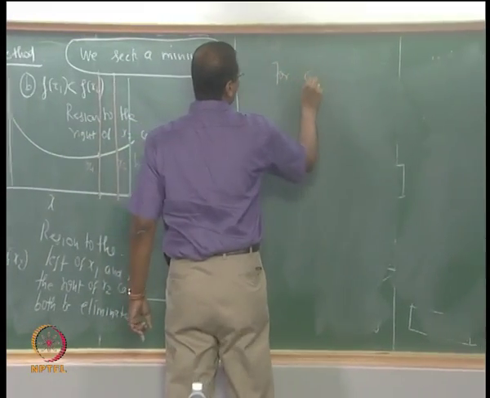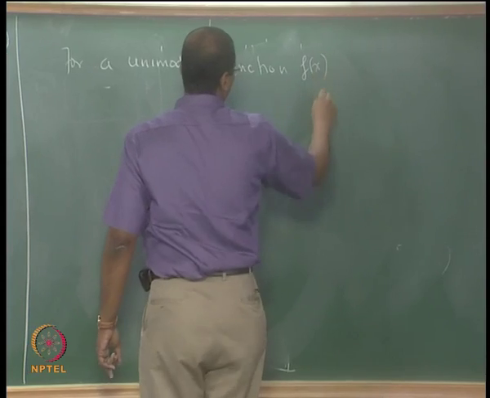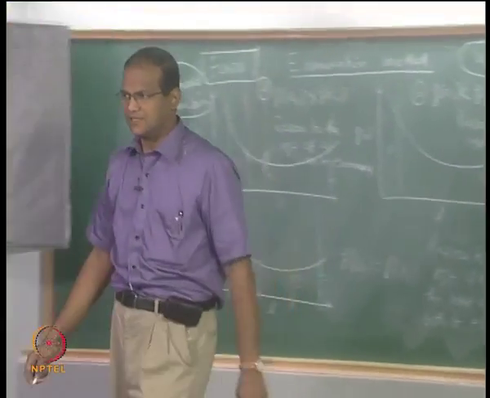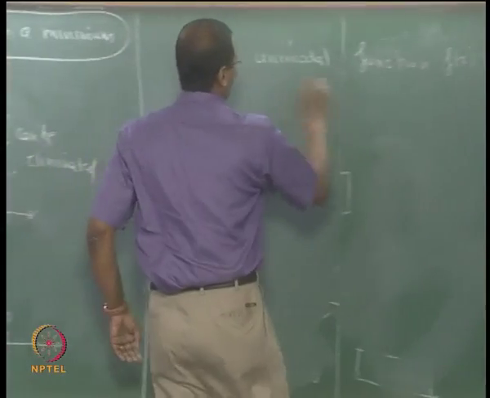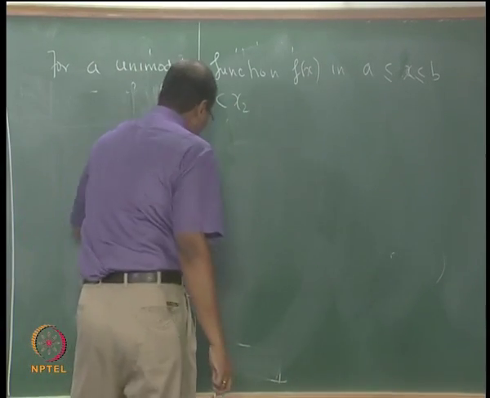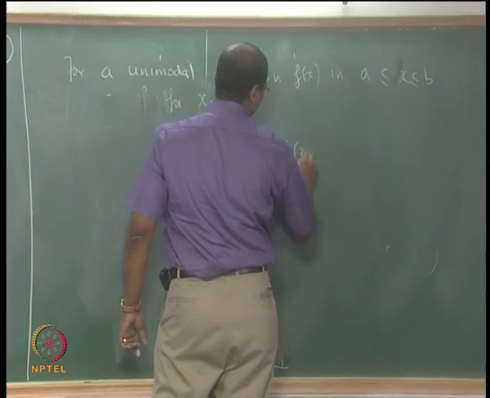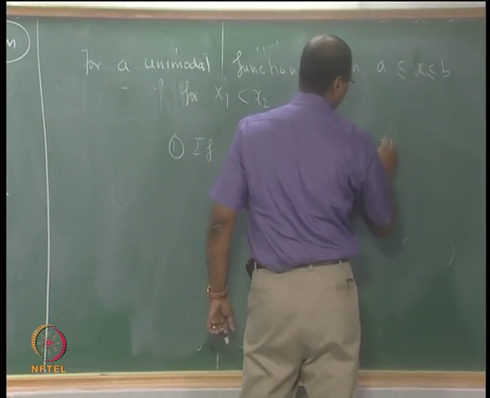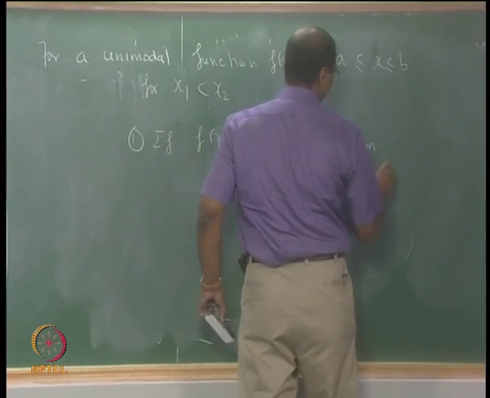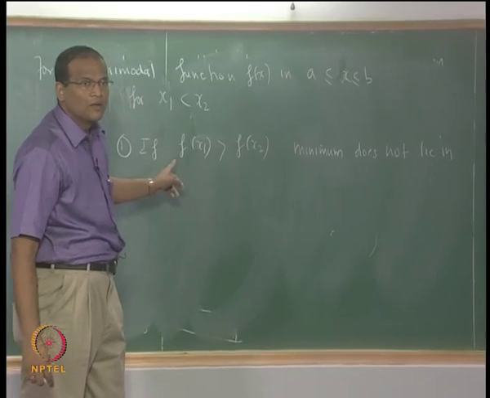Okay. For a unimodal function f of x in the closed interval a less than or equal to x less than or equal to b, the minimum does not lie in a to x1.